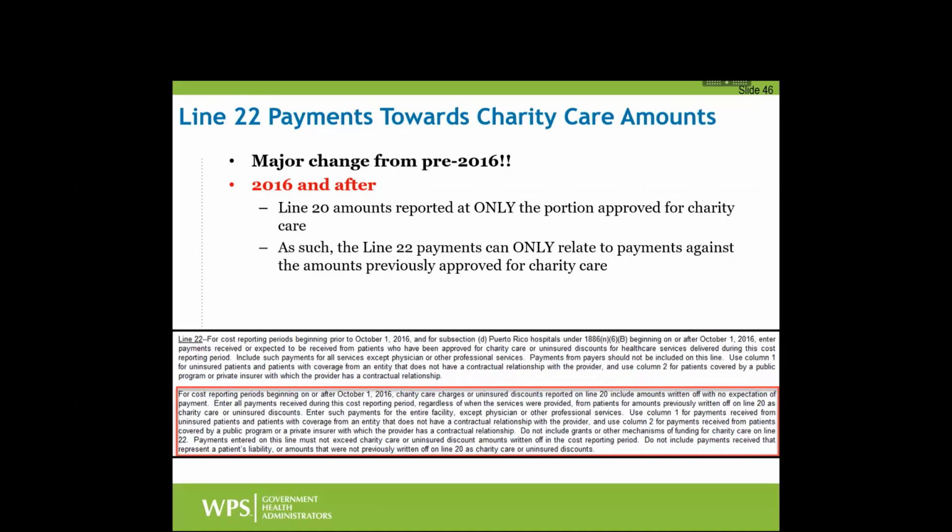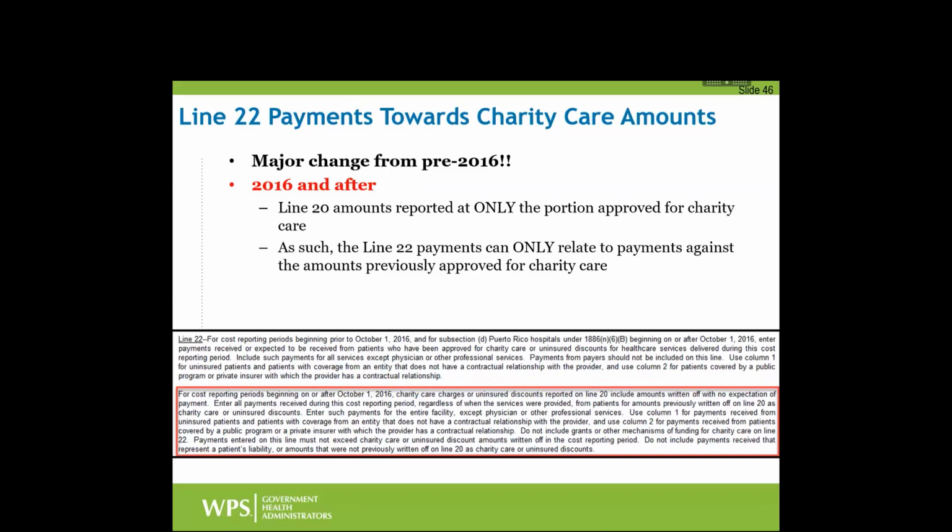We've heard from a lot of providers that have policies in place where they don't even accept these payments if it's already been written off for charity care. They refund it back to the patient immediately. So in that situation, line 22 would be zero. But regardless, it should be pretty minimal because those things just don't generally happen where a patient actually makes a payment against a charity care charge.